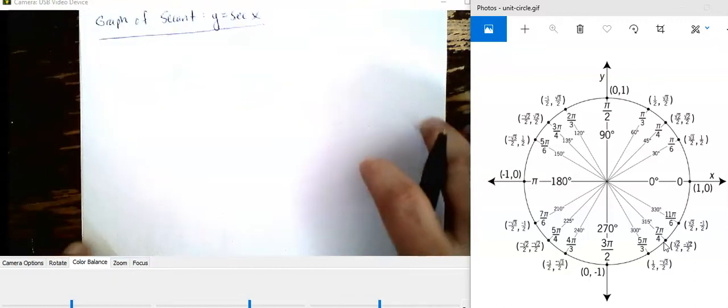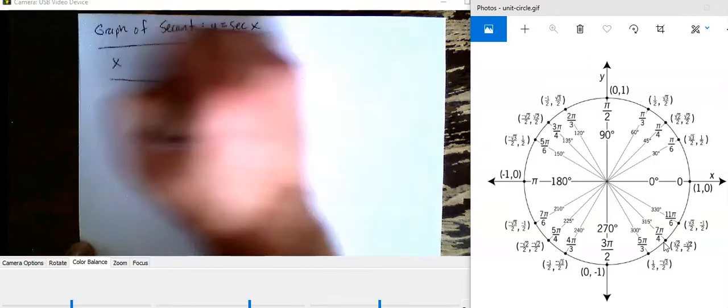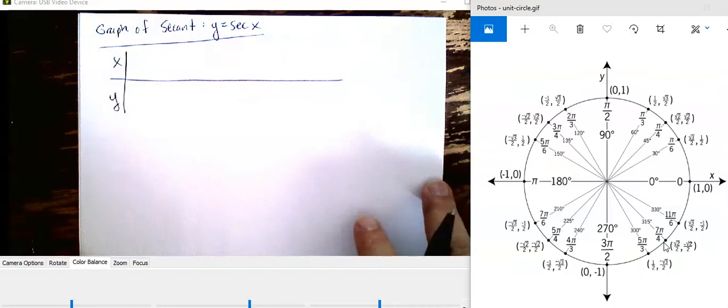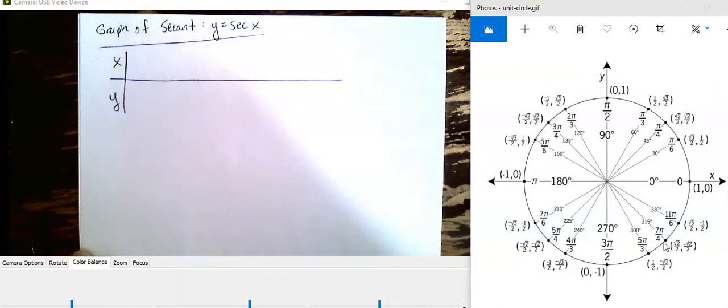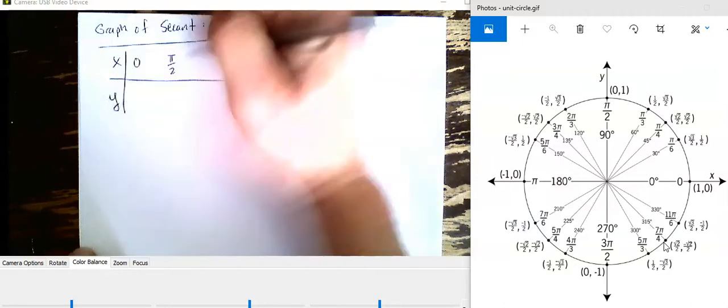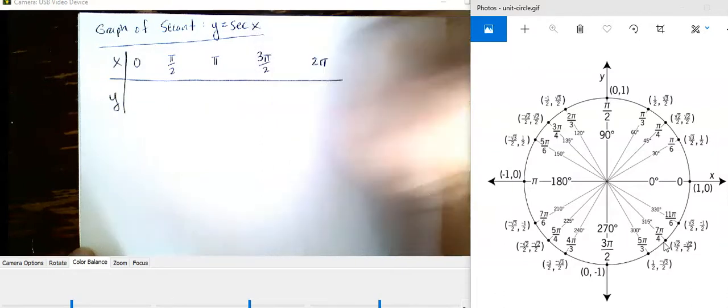See what this guy looks like. All right, so let's build a table here, x's and y's. And we'll go for the easy ones first, and we'll fill in if we need to. So let's do 0, pi over 2, pi, 3 pi over 2, and 2 pi.